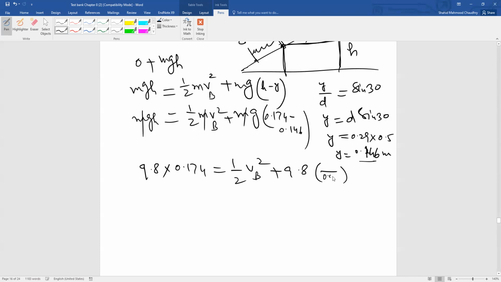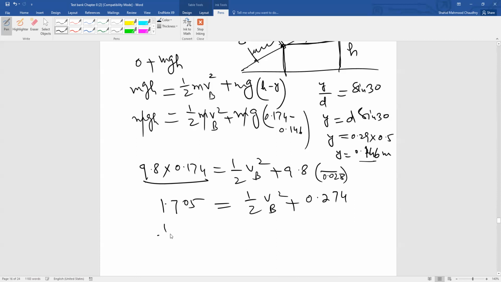So when you multiply this one, 9.8 multiplied by 0.174, this is 1.705. Then 1 over 2 VB square plus 9.8 multiplied by 0.028, the answer is 0.274.